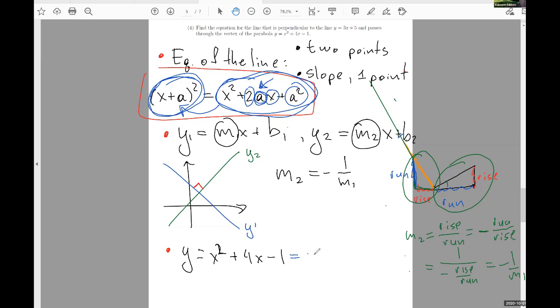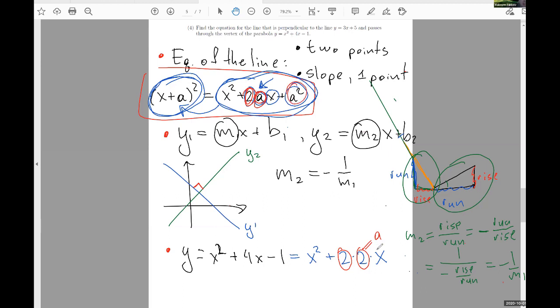So I have x squared, and I can write 4 as 2 times 2 times x. So right now I have my 2 over here, and I have my a. And a in this case is equal to 2. But I also need a squared.